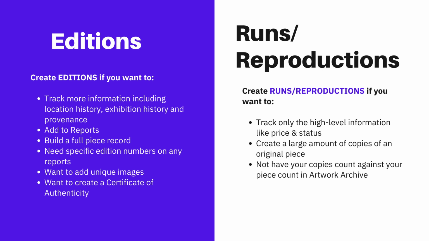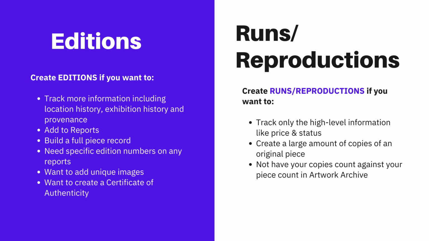You'll also want to use the editions feature if you want to include specific editions on any reports within Artwork Archive. So say you want to create an inventory report for all of the multiples that you have straight from your main dashboard. You can only do that for editions and not with runs or reproductions. In other words, editions have that full piece power, just like any other original piece in your inventory.